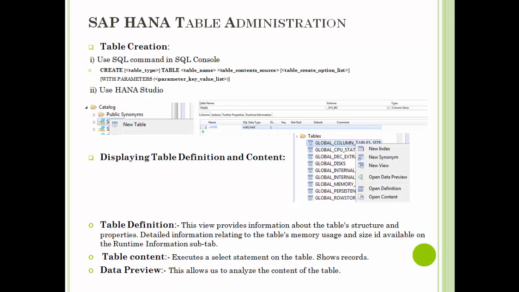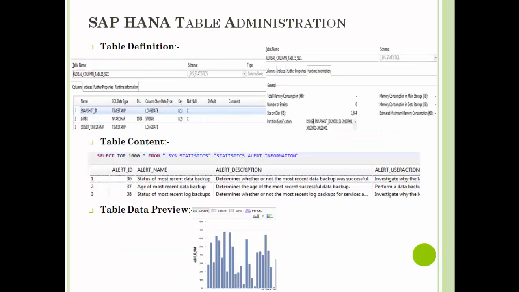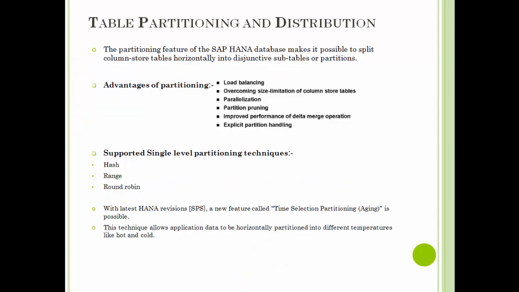Now let's, yeah, this is the same picture as what we learned. Now let's move on to understand the table partitioning and distribution. Why do we do table partition? Table partition is basically performed for very large tables present in the HANA database.